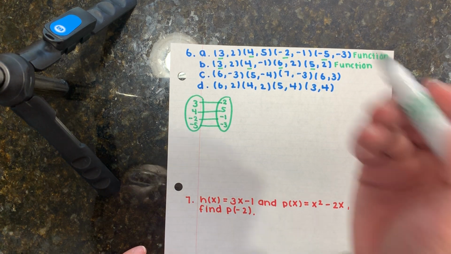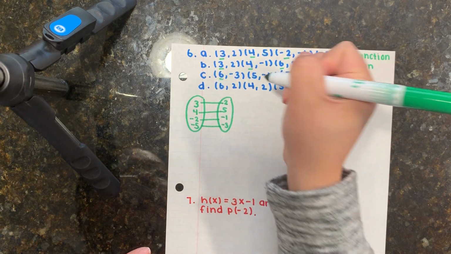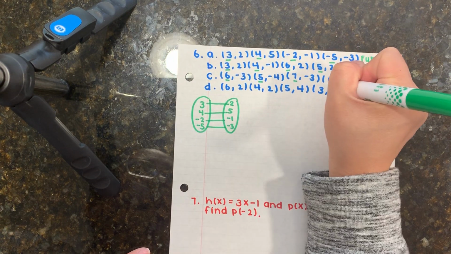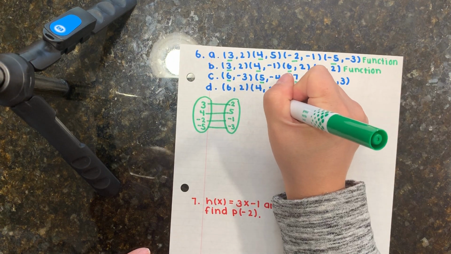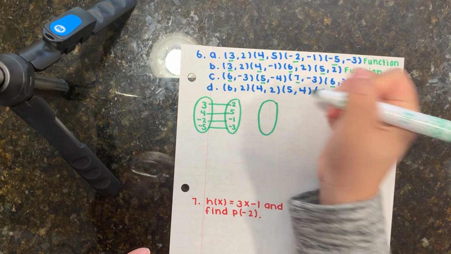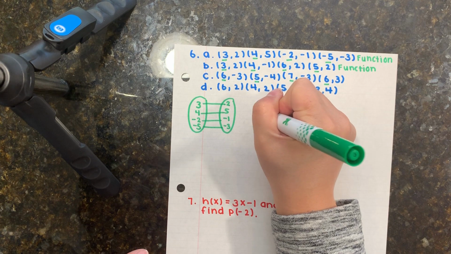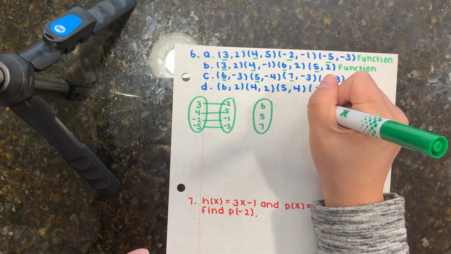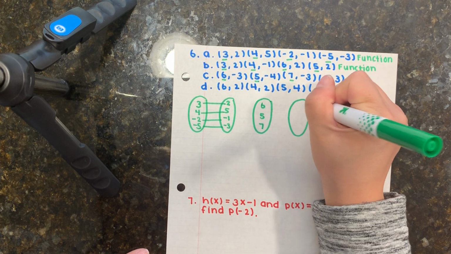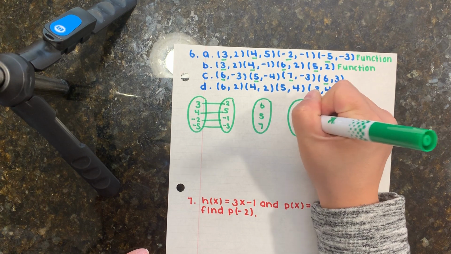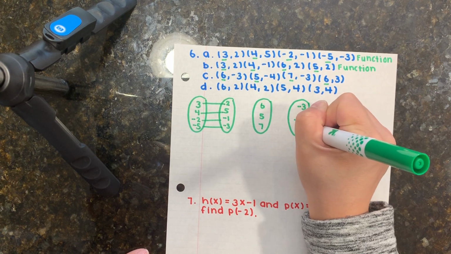So now I'm going to look at C. C, I'm going to underline all of my x values. This one I'm going to draw out so that you can see it. You can do this for all of them if you would like to. So I have 6, 5, and 7. And then my y values, I have -3, -4, and then +3.